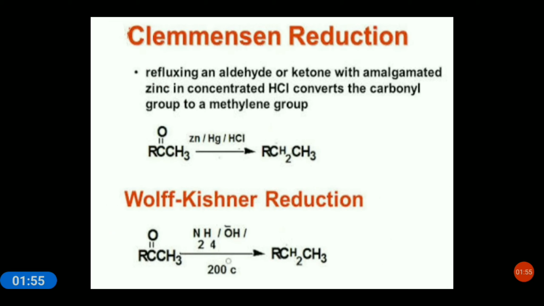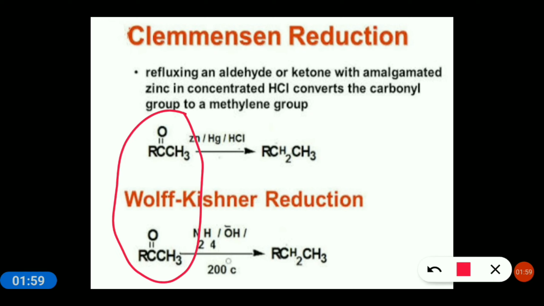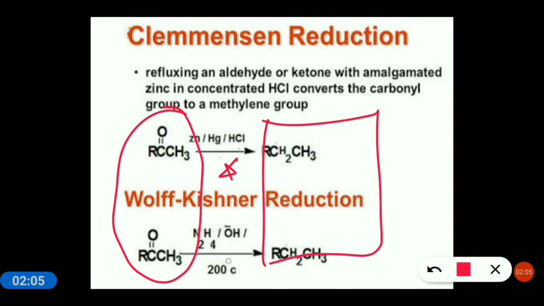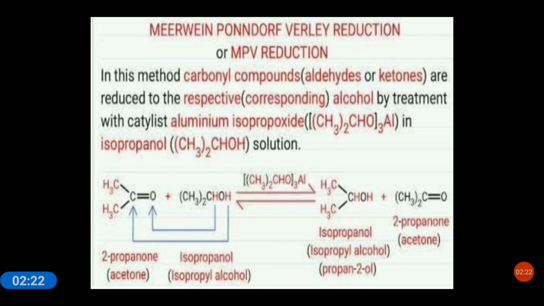When you compare, you will find that the reactants of both reactions are the same and the products of both reactions are the same. Only the difference lies in the reagent. In Clemmensen reduction, the reagent is zinc amalgam in presence of HCl, and in Wolff-Kishner, the reagent is basic in nature.